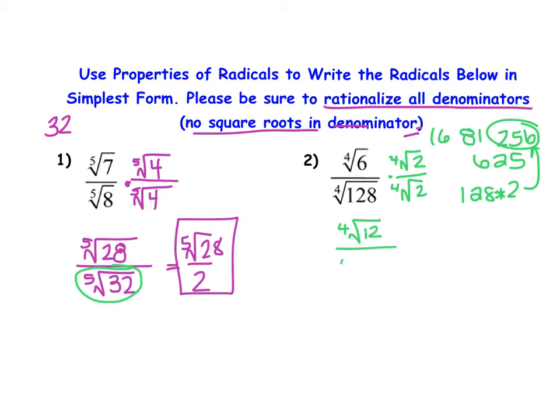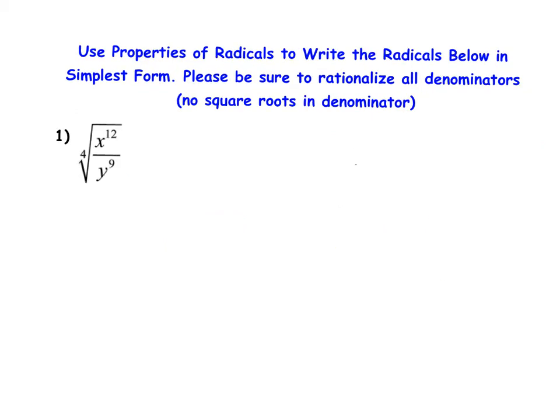And then it becomes the fourth root of 128 times 2 is 256. So now from here, I'm going to simplify the denominator because I can. So my numerator is going to stay the same because it doesn't simplify, but the fourth root of 256 is 4.